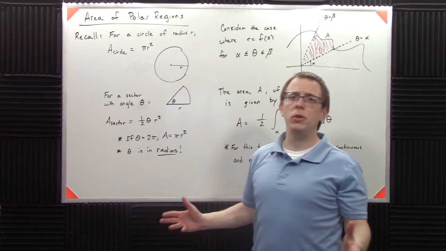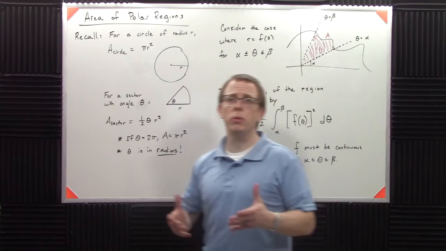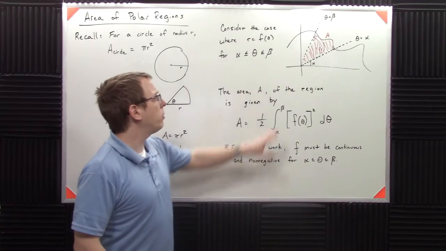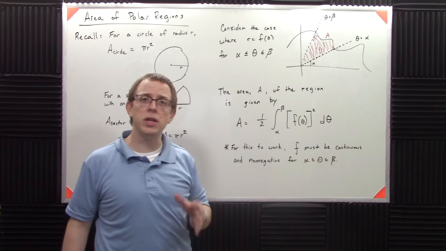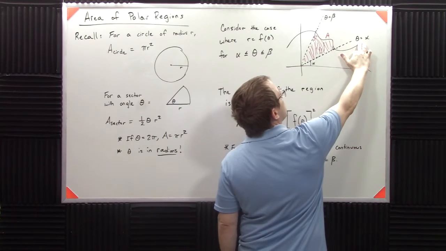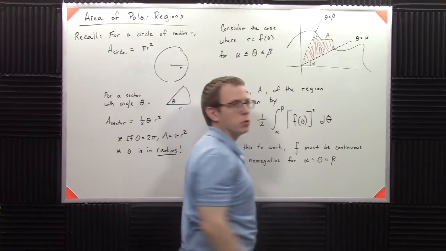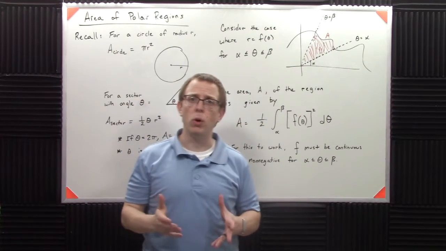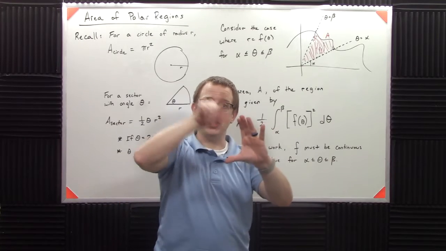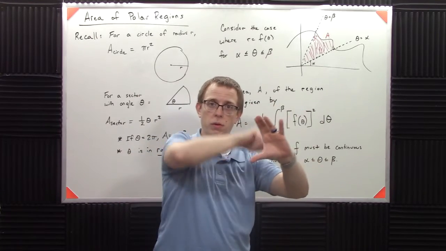But we're not dealing with high school geometry here. We're dealing with polar coordinates, specifically with calculus. So what I want to do is look at a region that looks like this. I want to say, hey, if I've got those polar lines, theta equals alpha and theta equals beta. Now, hopefully you remember from polar coordinates that the r's are these concentric circles of different radii.